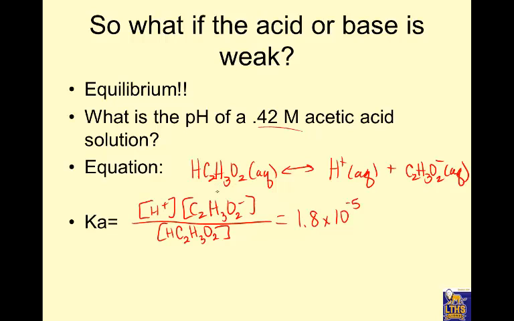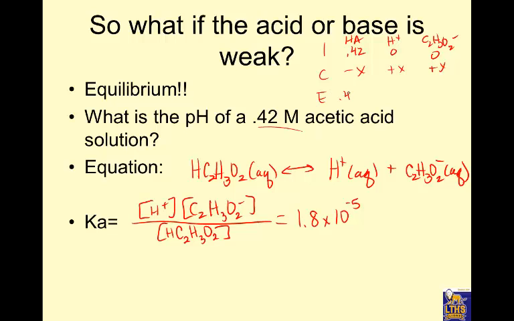Okay, I'm going to ICE it up here. I is initially, I have 0.42 molar of acetic acid, and then H plus is going to be 0, and C2H3O2 minus is going to be 0. But then that's going to change. Some of that's going to go away, and you're going to get some of that and some of that.